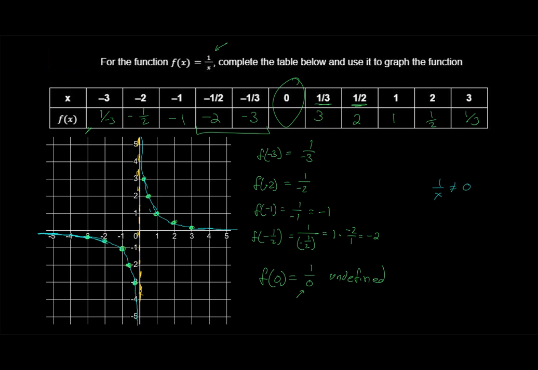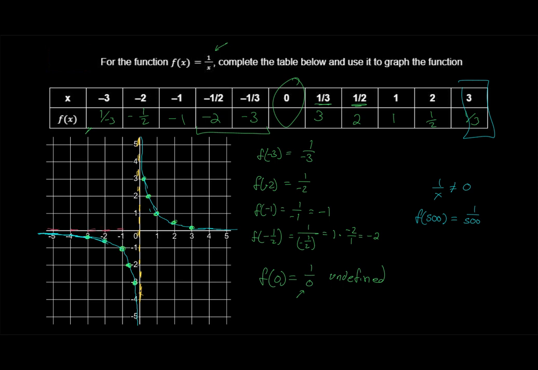It can get close to it. If we keep plugging in larger and larger numbers, like f of 500, we're going to be at 1 over 500, which is even closer, but it's still not quite 0. No matter what number we plug in, we're not going to get to 0. So we're going to have a horizontal asymptote running from side to side as well.